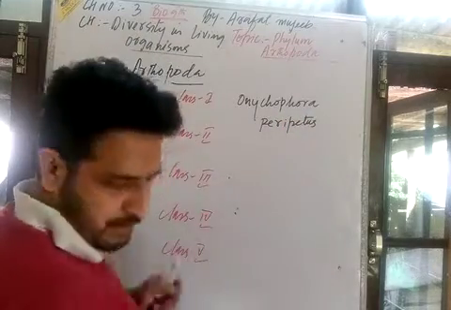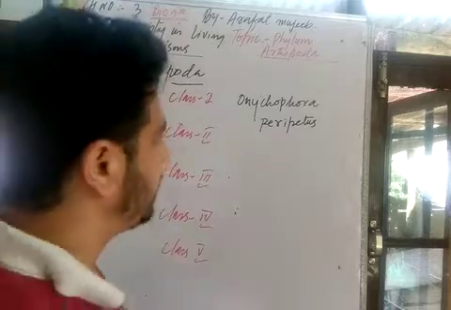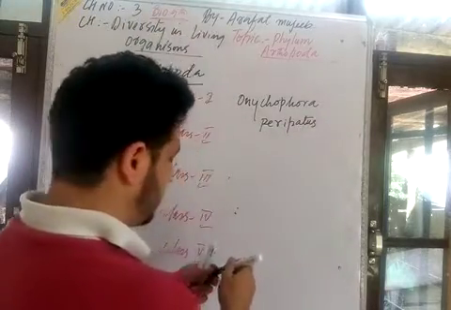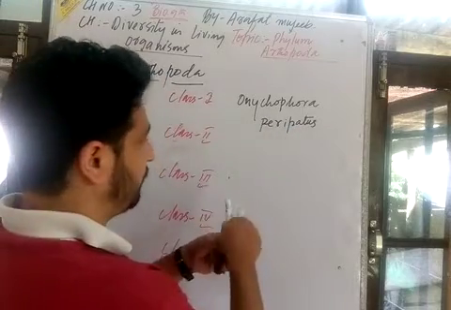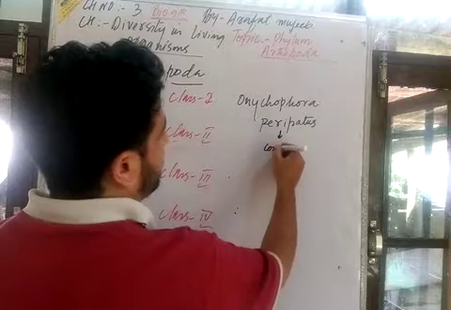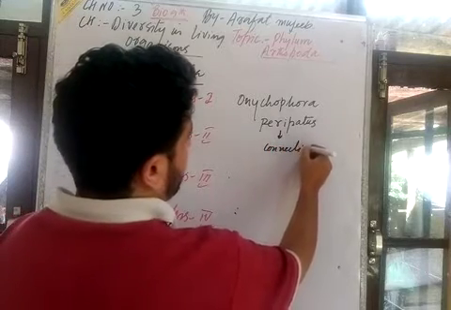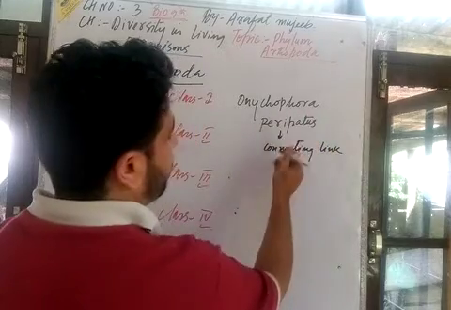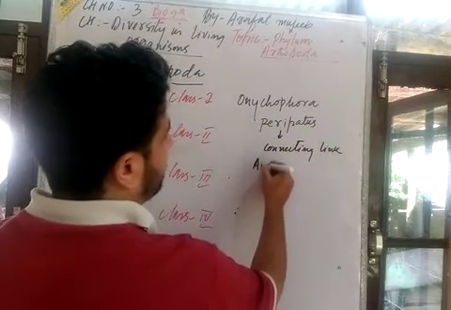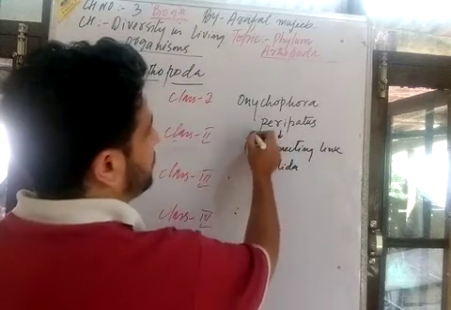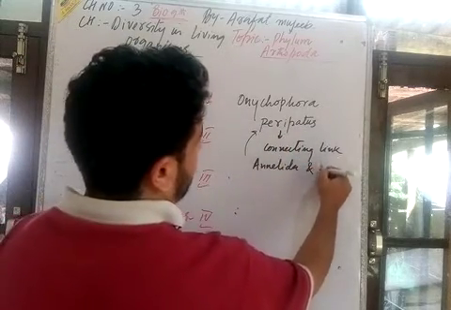It has Peripatus, इसमें आता है Peripatus. It is a primitive type of arthropod, and it gives a connecting link between the annelida, ये हमें इसके कुछ annelida जैसे features होते हैं, and arthropoda.